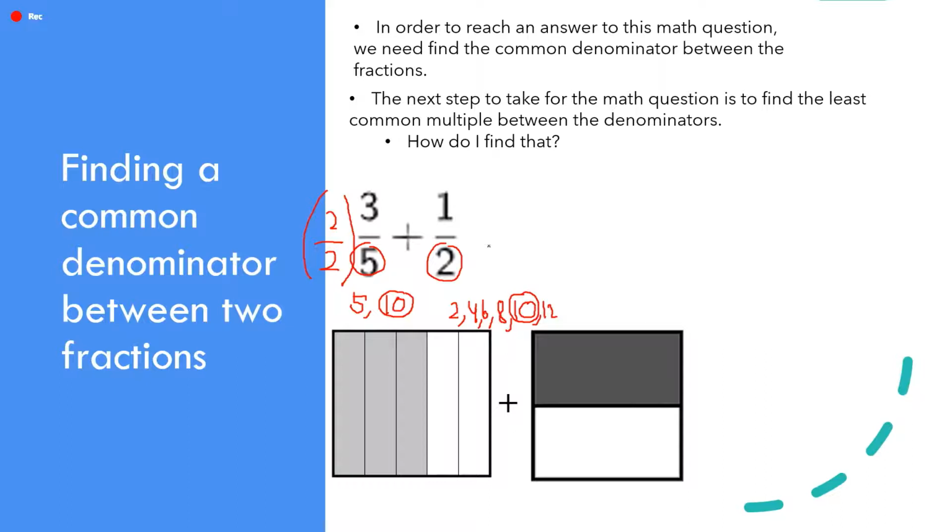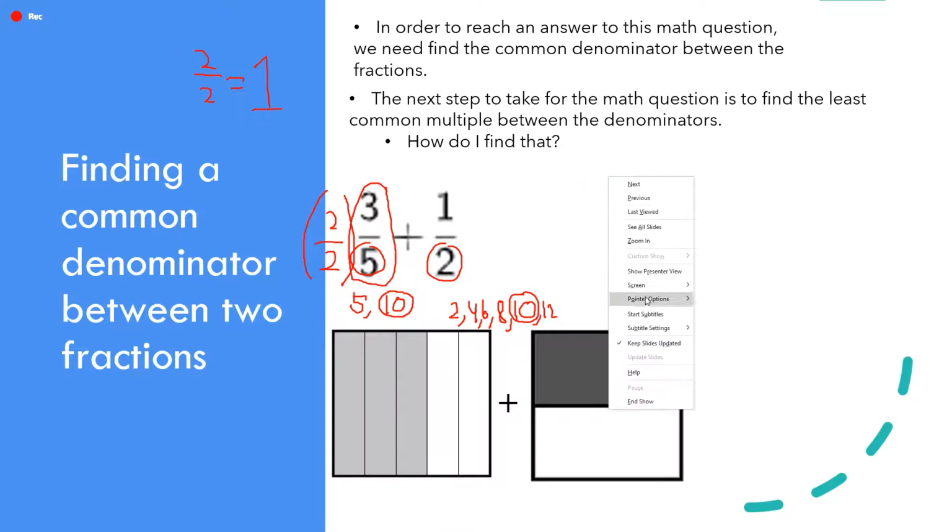Why do I have to multiply by 2 over 2? Because 2 over 2 equals 1. And when you multiply something by 1, that means that nothing is actually changing. All we're doing is changing the way that we are comparing the ratio of 3 to 5.